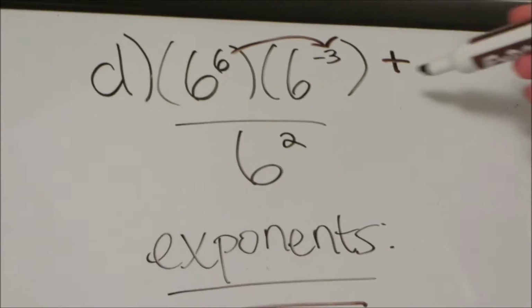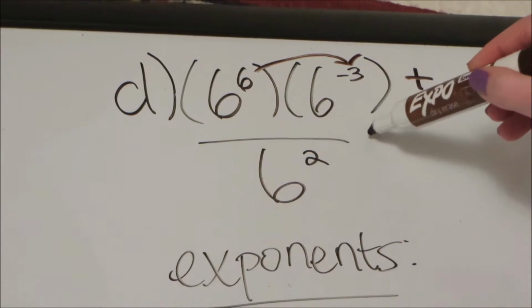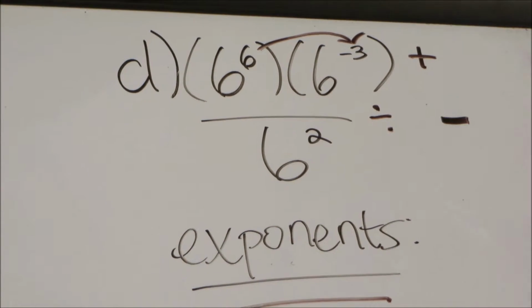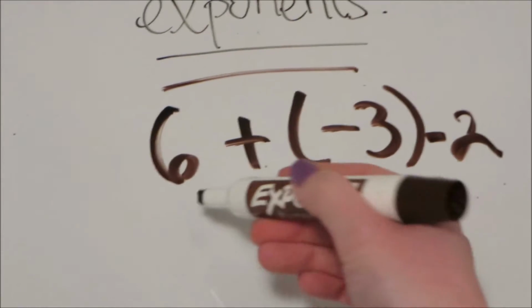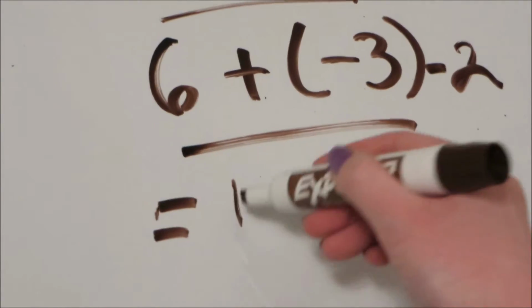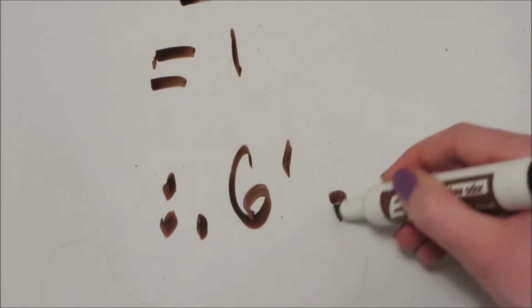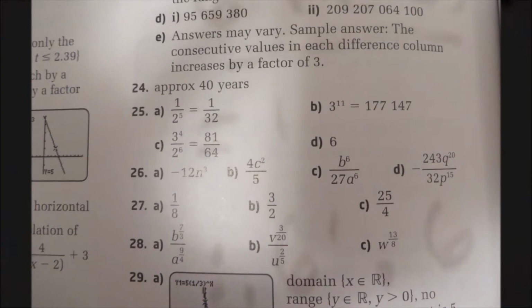And you got the minus 2 from over here, where a division sign for exponents actually is a minus. This then is equal to 1, which therefore means that it's 6 to the power of 1, or 6.